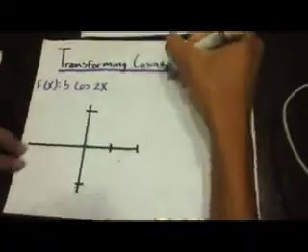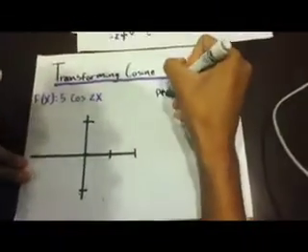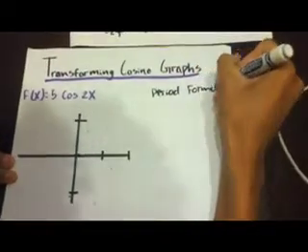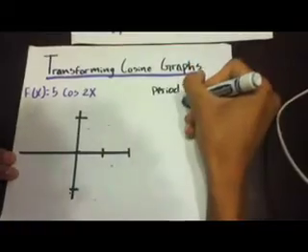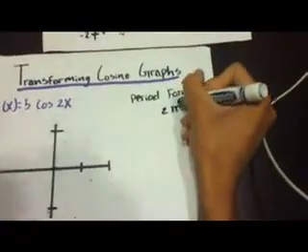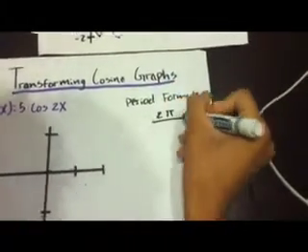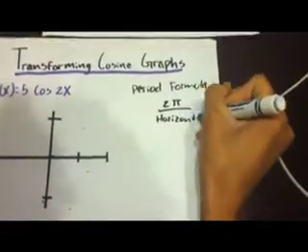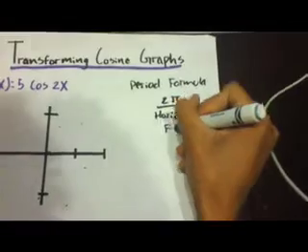You know the period formula is going to be 2 pi over the horizontal factor.